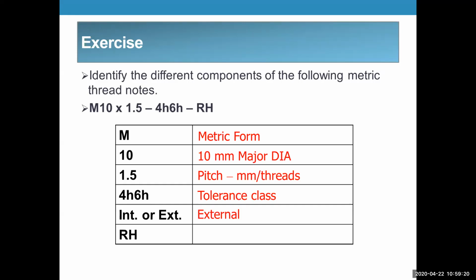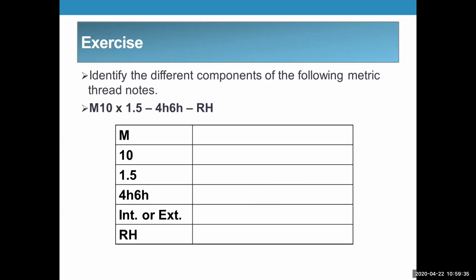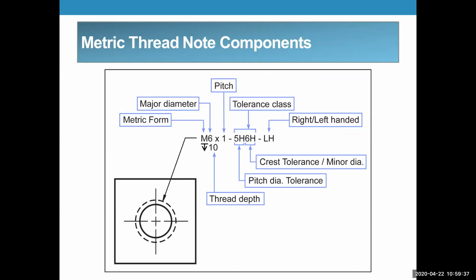Yeah, internal or external. Okay, so the external probably has the small letters and the internal has the larger letters, the capital letters. Is there a way to differentiate that? Let's go back and look. So this one's got the capital H's in it for the class of fit.